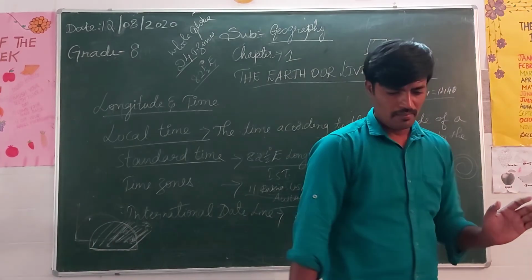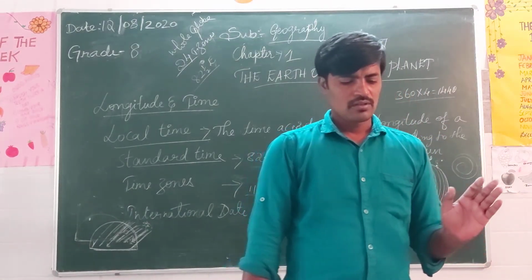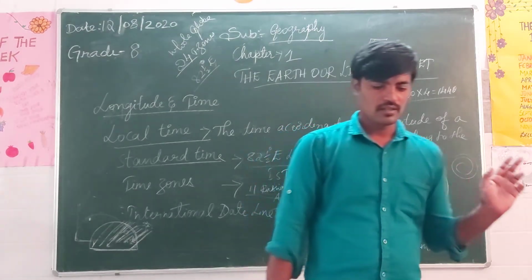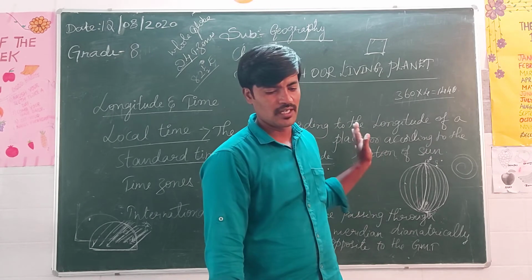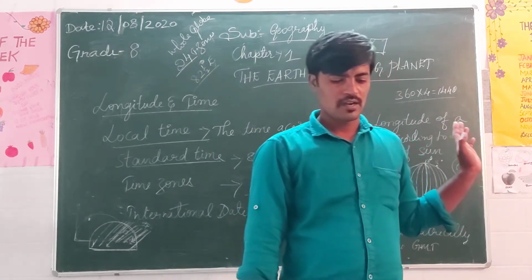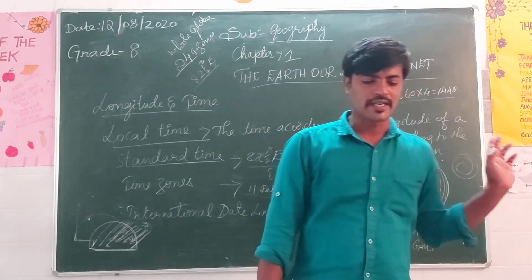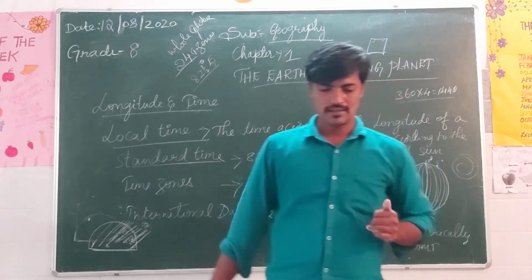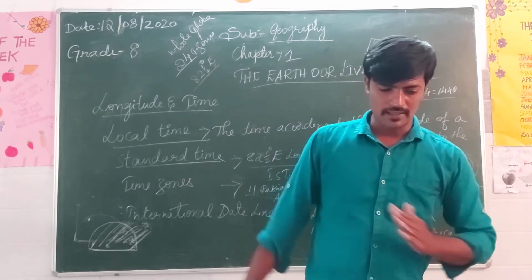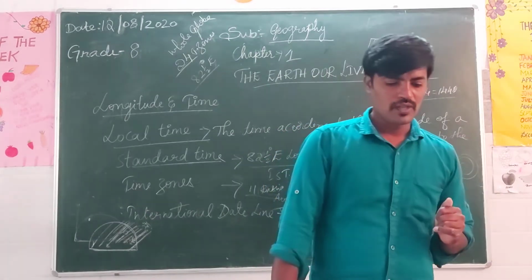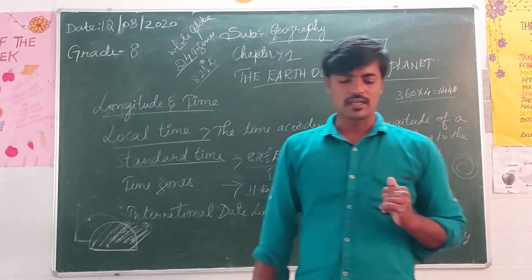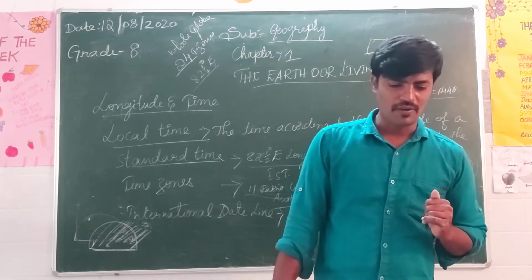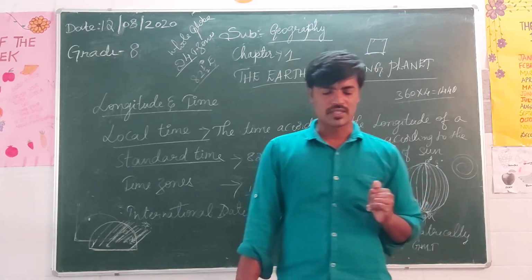The problem of the time of the countries of the world was first solved by the standard time, then by the zonal time based on the meridian. At the same time, in order to fix the date, we have the International Date Line, so that the same uniform date is fixed.